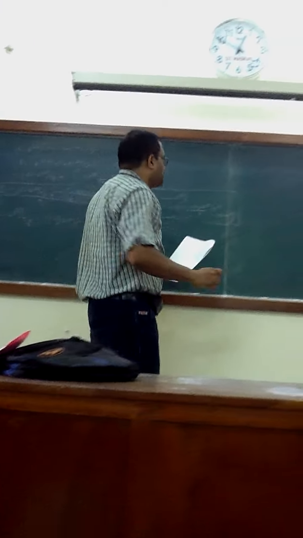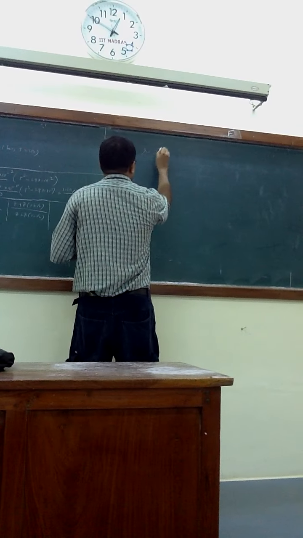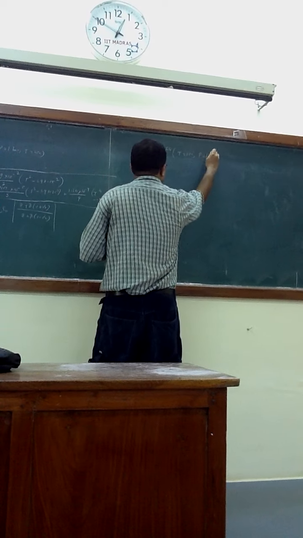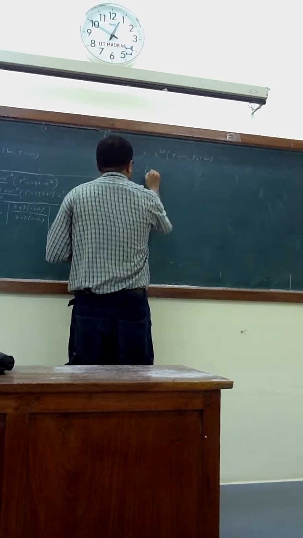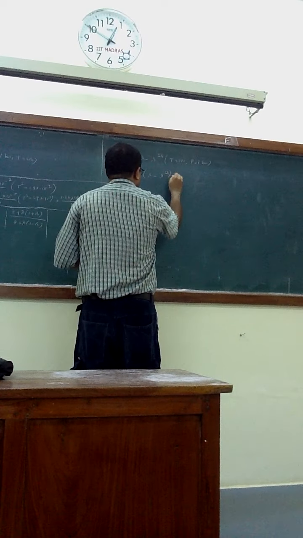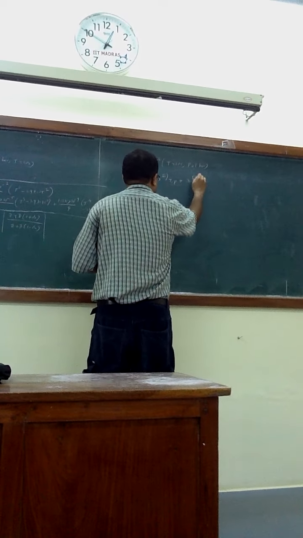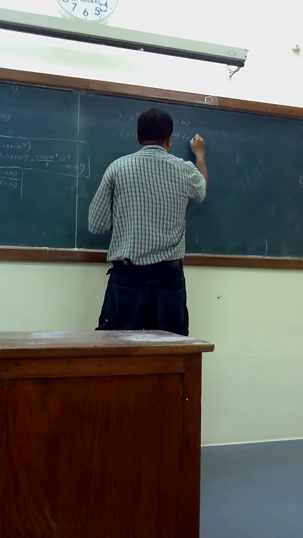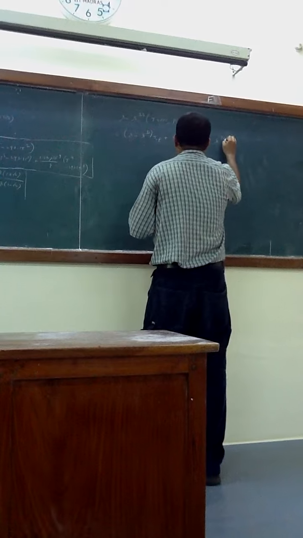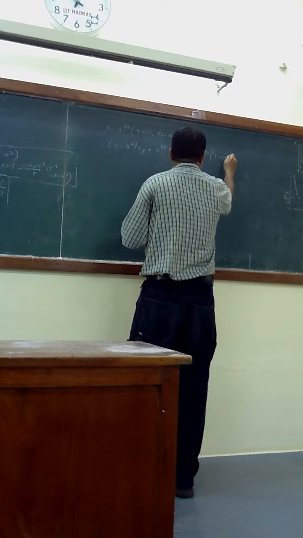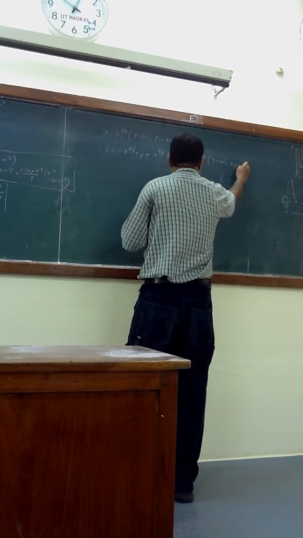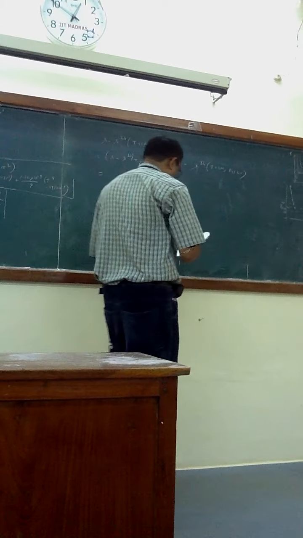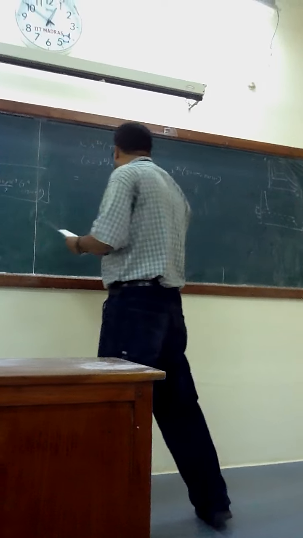So S minus S^ig at 25 degrees centigrade, P equals 1 bar, which is S minus S^ig at T, P plus S^ig at T, P minus S^ig at T equals 25 degrees centigrade, P equals 1 bar. And what is this?